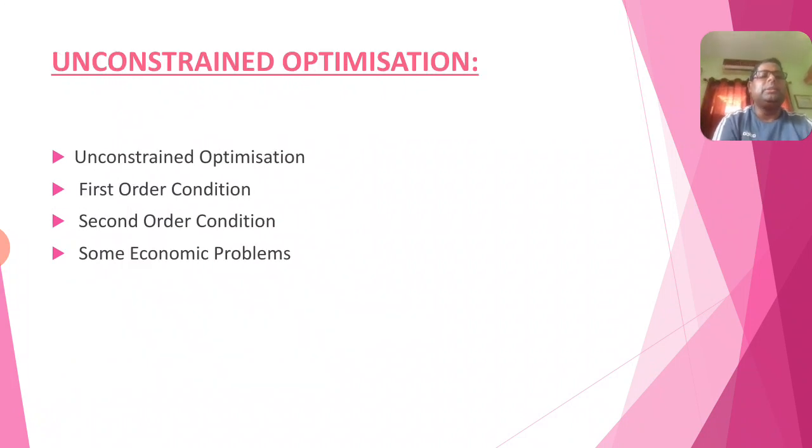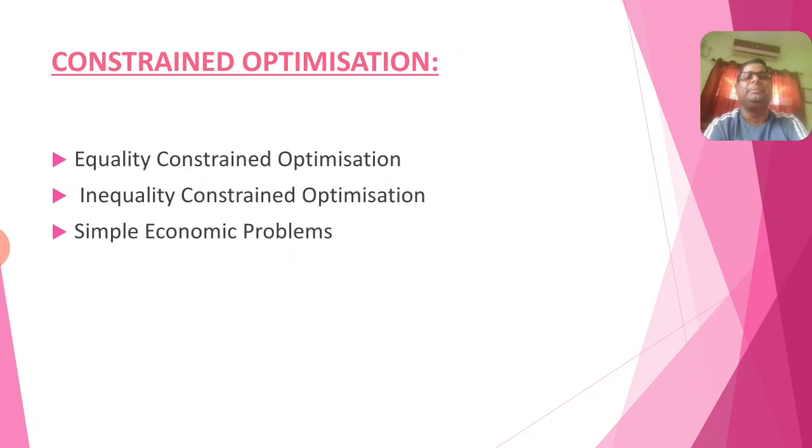The next chapter is related with unconstrained optimization, that is, you have to optimize some function but there is no constraint. So the first order condition, you have to find out the second order condition and some economic problems also, that is economic applications regarding this topic.